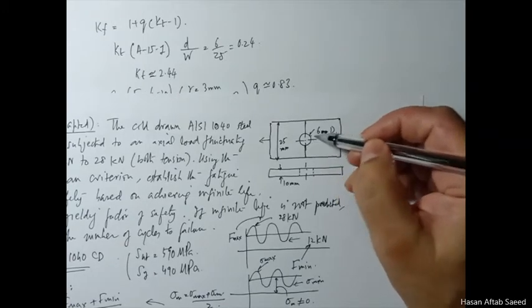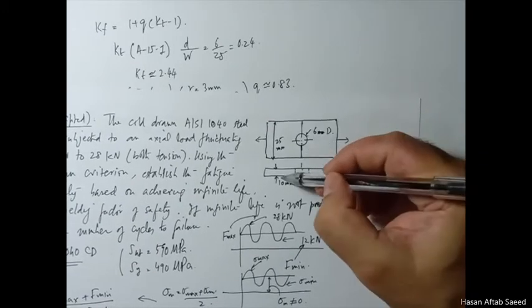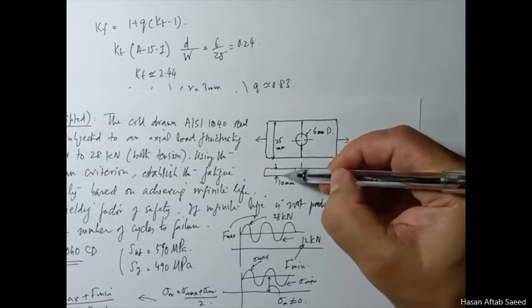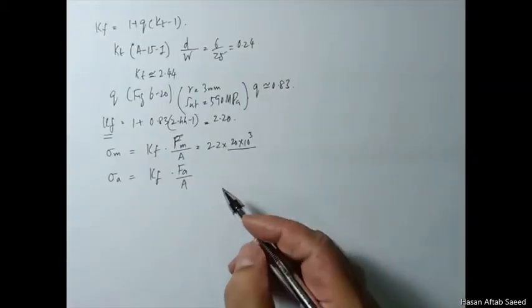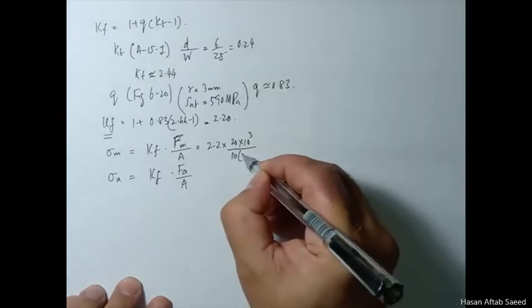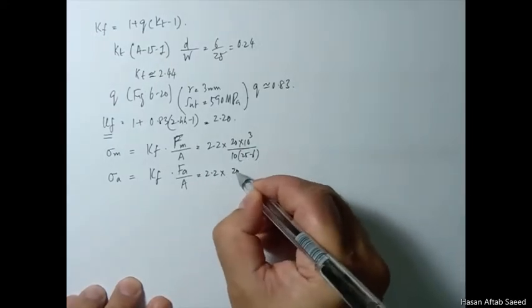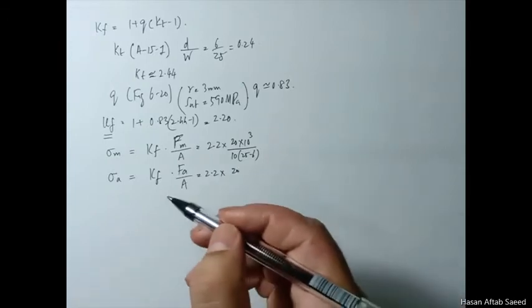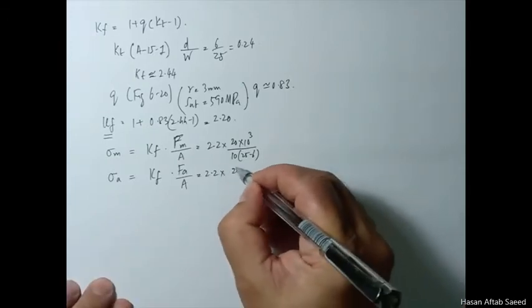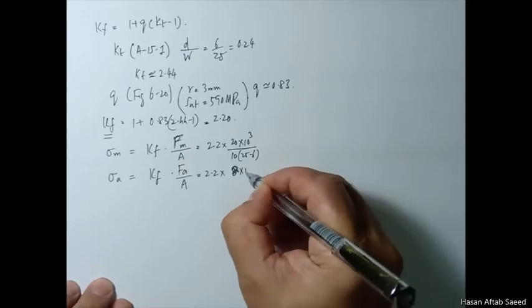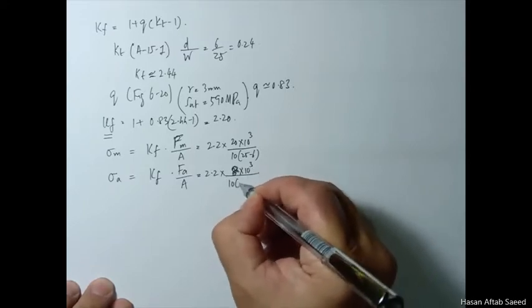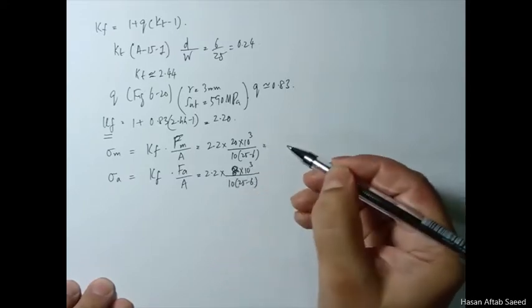So you have to subtract 6 from 25. 10 millimeter is the thickness, so 10 into 25 minus 6. Similarly, here you have into 20. Here you have the value for the alternating component, which was 8 into 10 raised to power 3 over 10 into 25 minus 6.